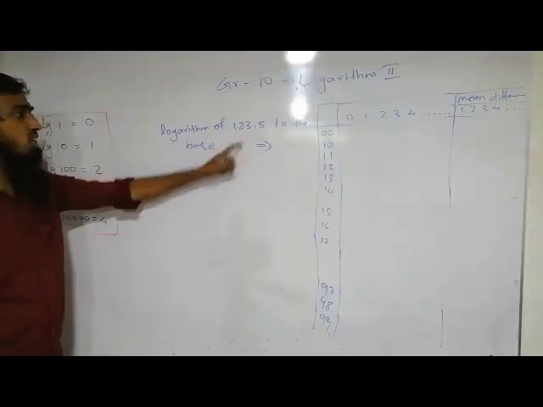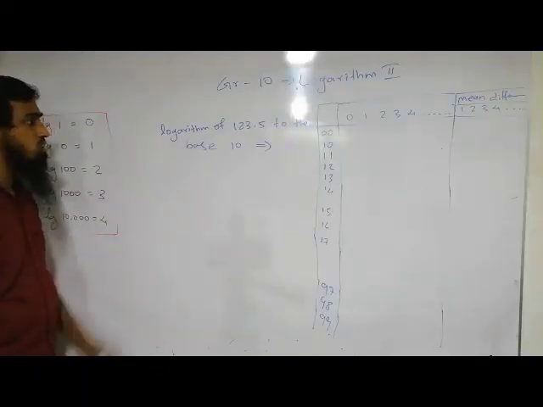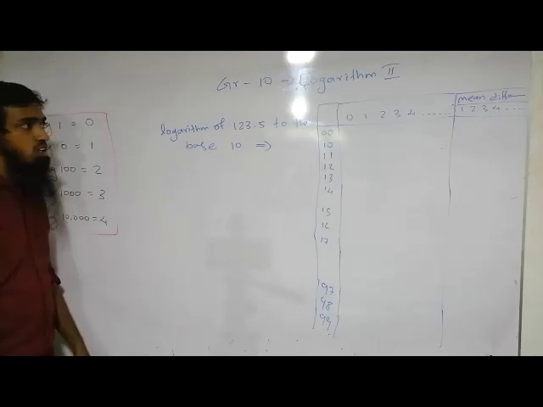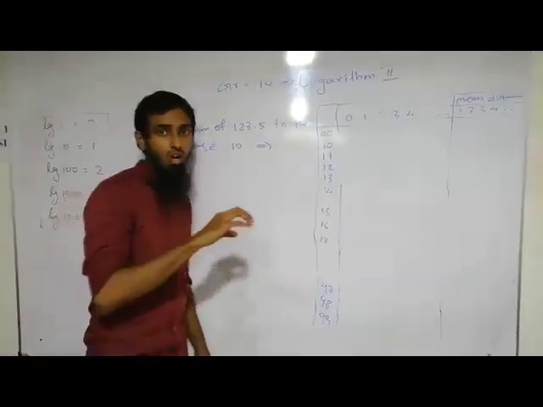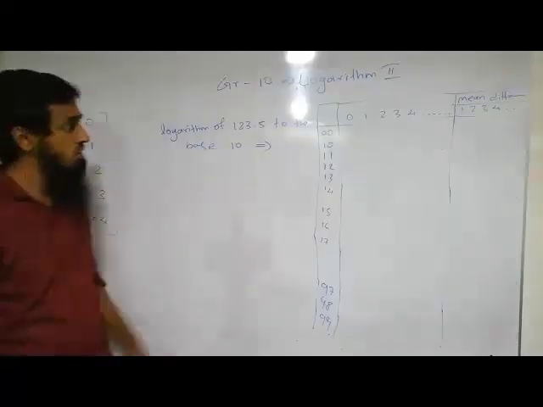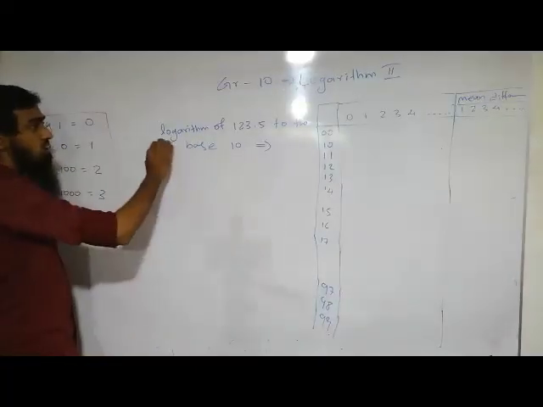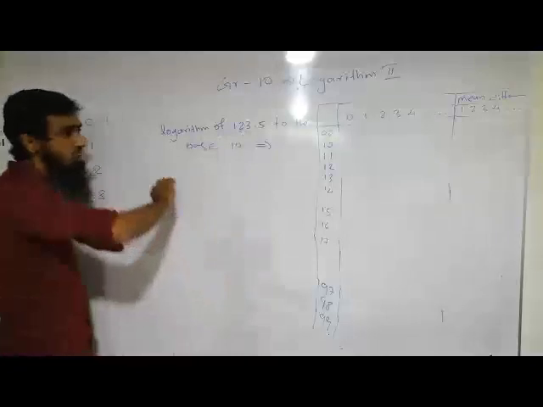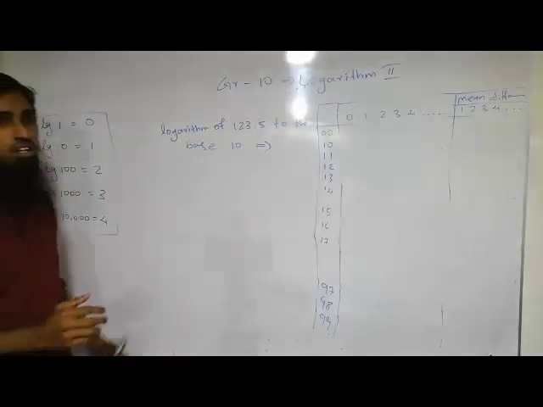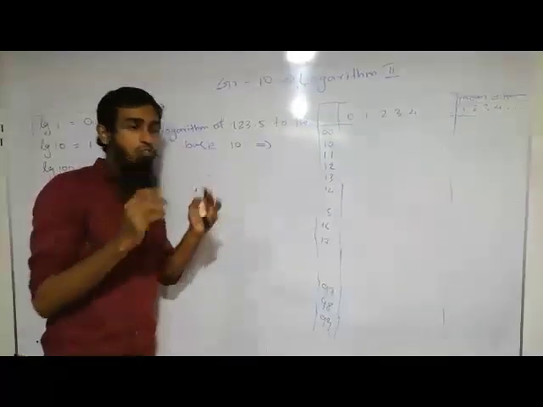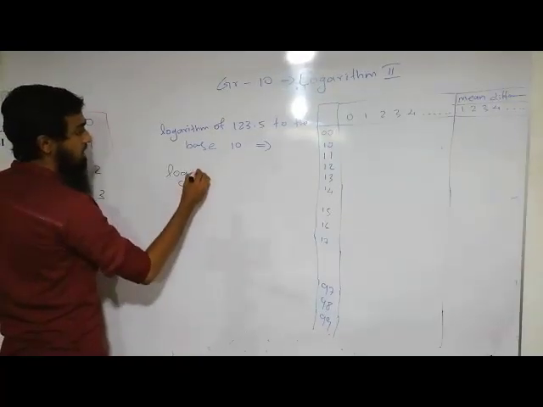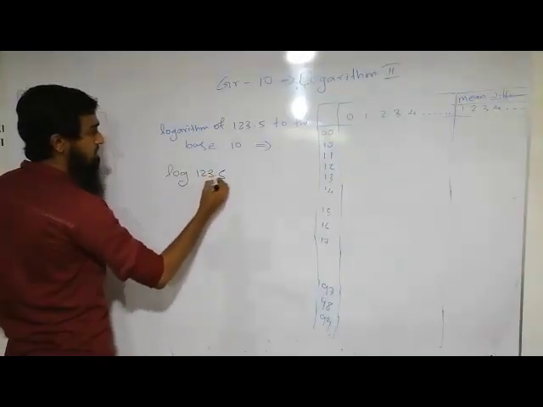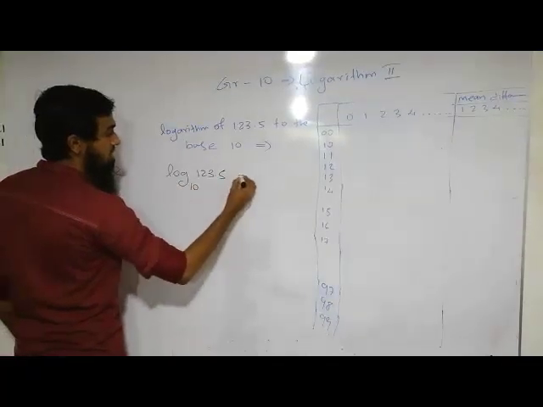Logarithm of 123.5 to the base 10. That is the reading part. How do we read a logarithm? This sentence we can make in a concise form: logarithm of 123.5 to the base 10.